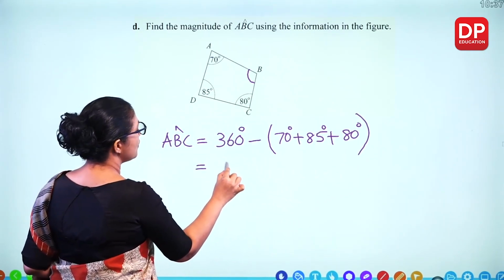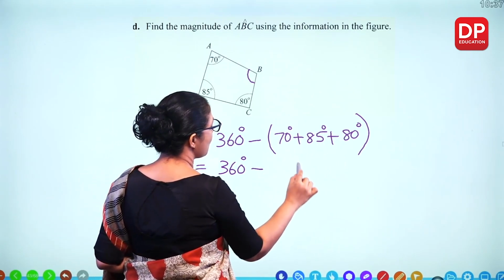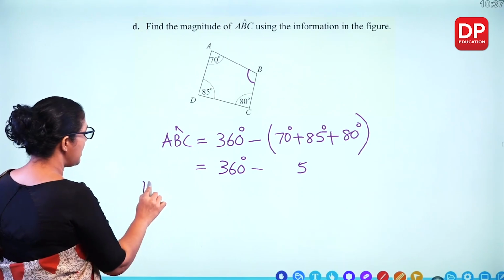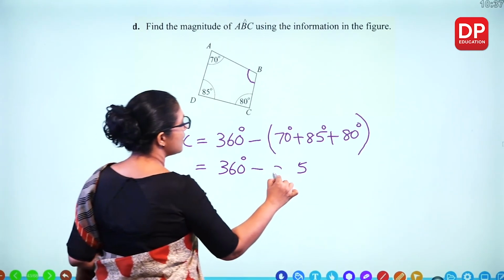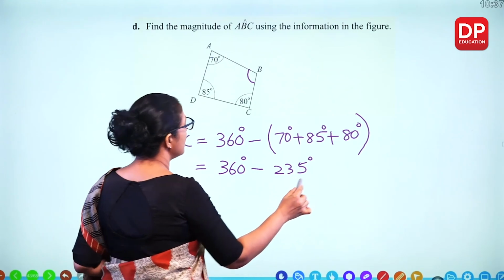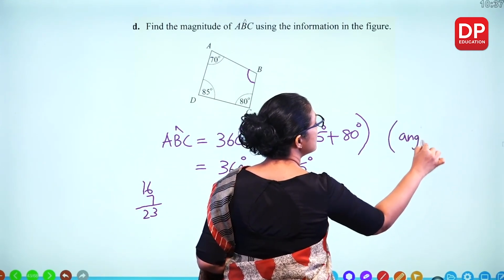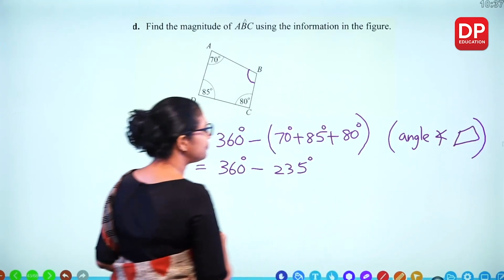So we'll find out the sum, 235. What's the reason? Angle sum of a quadrilateral.